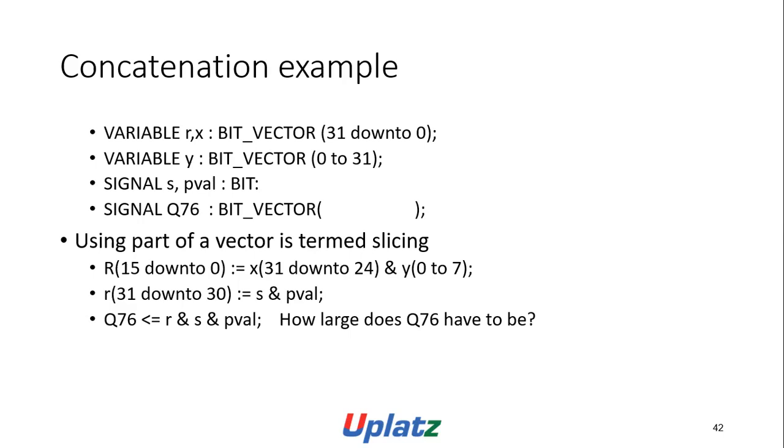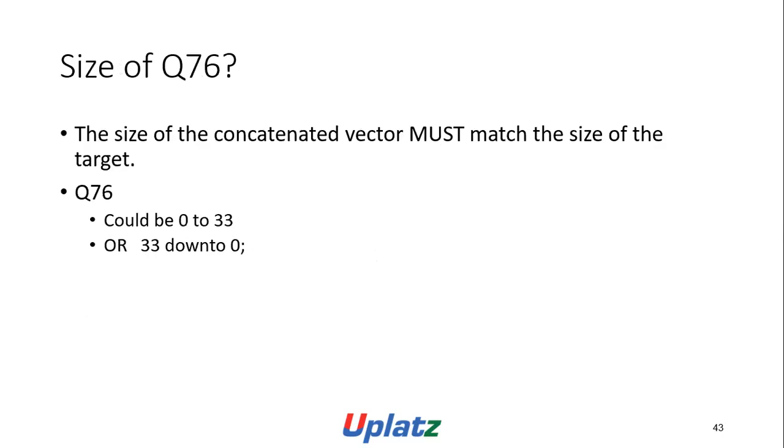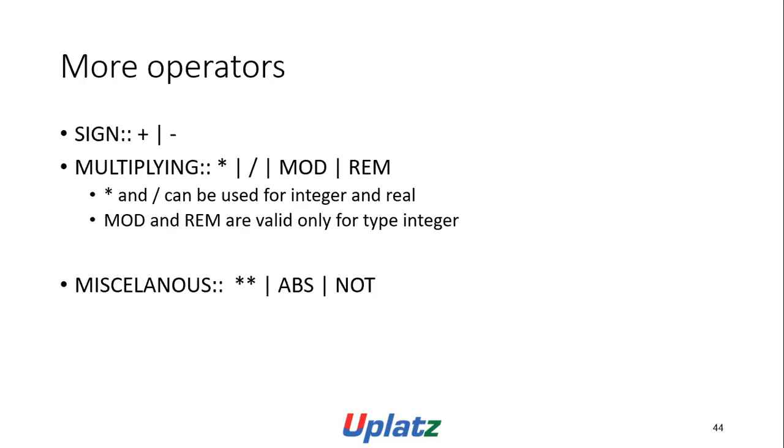Q76 15 down to 0 is equal to X 13 down to 4 and Y 0 to 7, and 31 down to 30 is S and P_val. How large does Q76 have to be? The size of the concatenated value must match the size of the target. Q76 could be 0 to 30 or 33 down to 0.